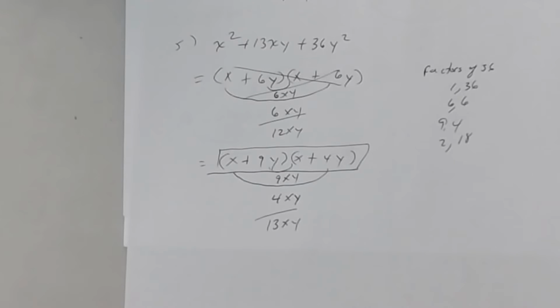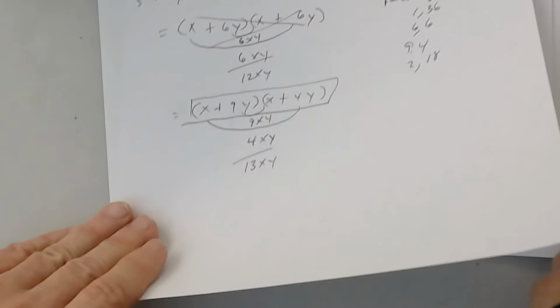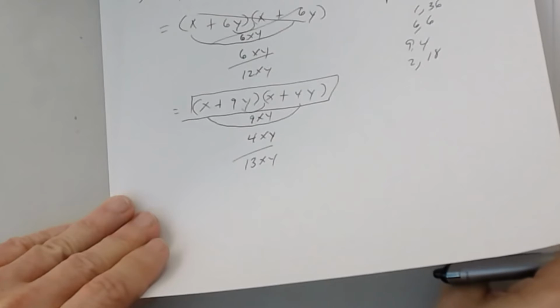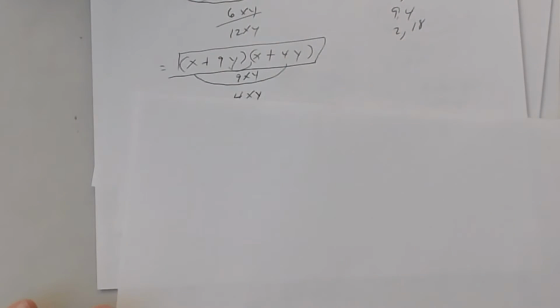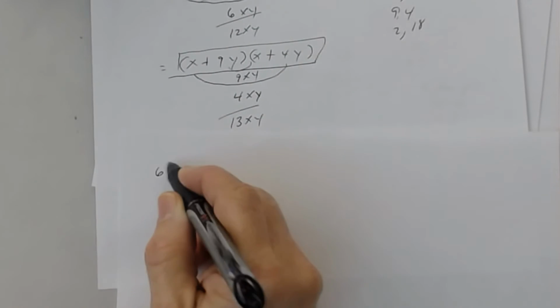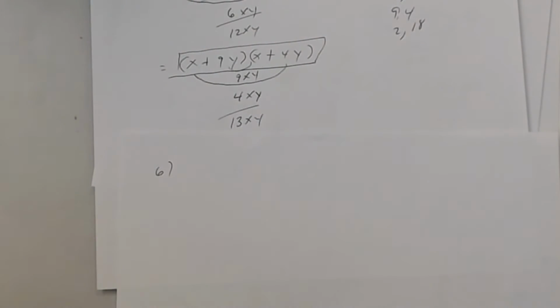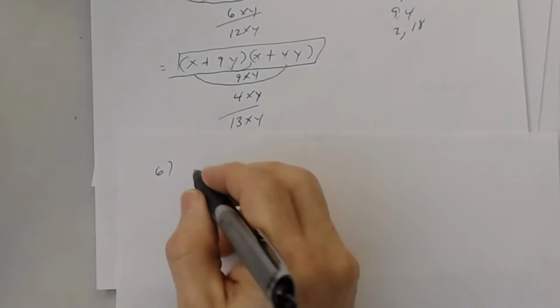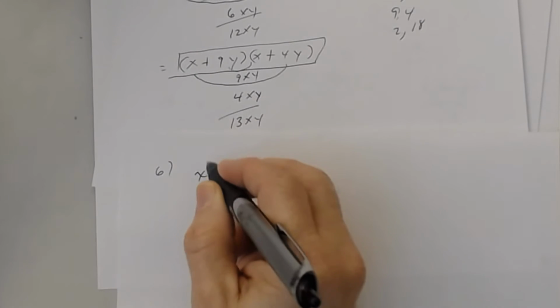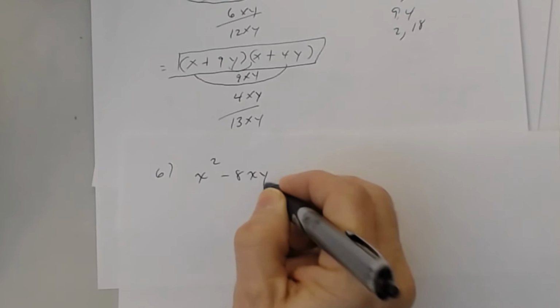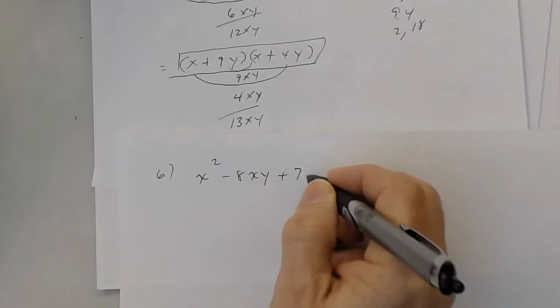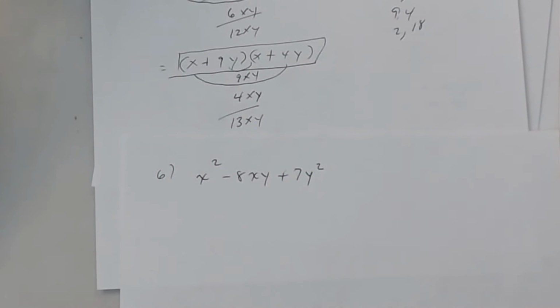Okay. All right, number 6. Suppose you had x squared minus 8xy plus 7y squared.